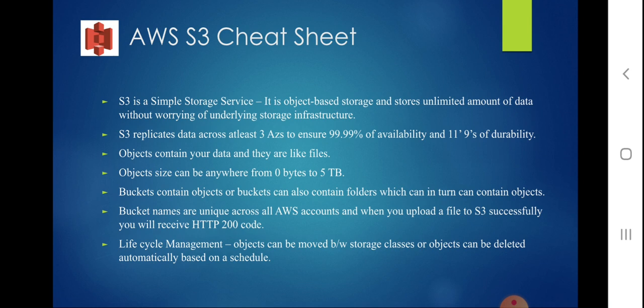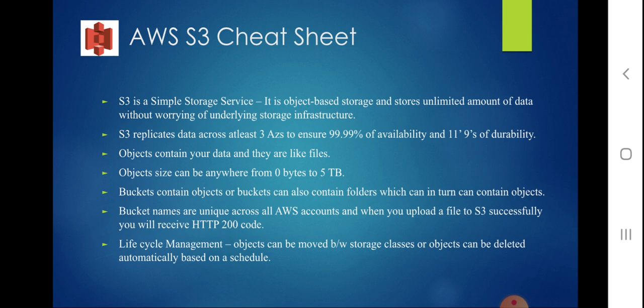Objects contain your data, and the data is nothing but files. You can upload up to 5 terabytes of data in a single object, and you can create any number of buckets in S3. Buckets can contain objects, or buckets can also contain folders, which in turn contain objects only.